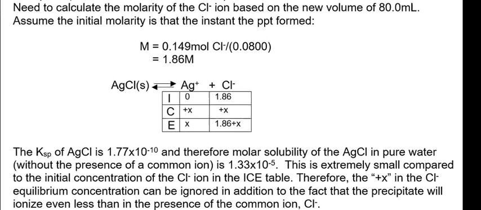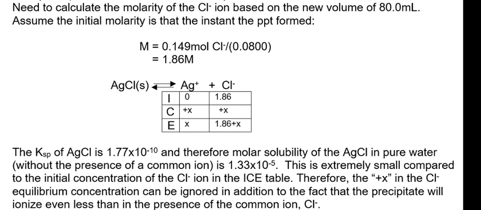Regarding the initial concentrations of the silver and the chloride, we need to determine the molarity of the chloride based on the moles of chloride that remain after the precipitation reaction. 0.149 divided by the new volume, 80 milliliters or 0.08 liters. So determining that new volume is very important to determine the molarity of the ion that remains in excess.